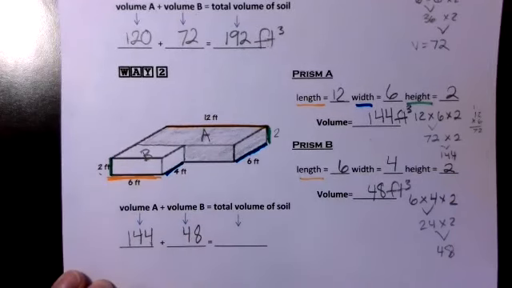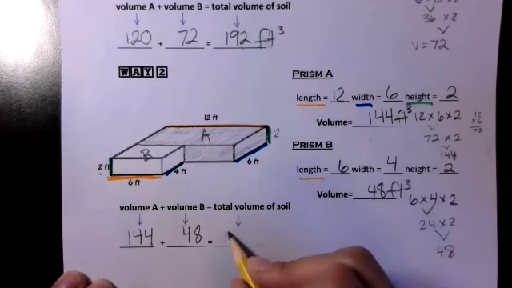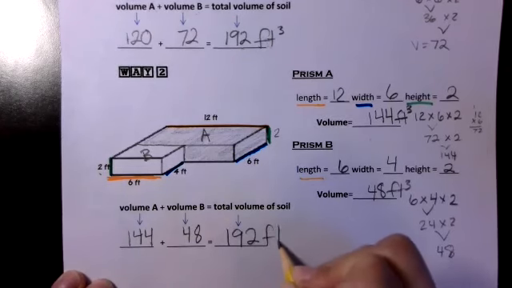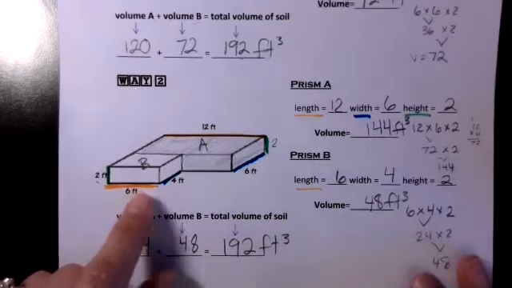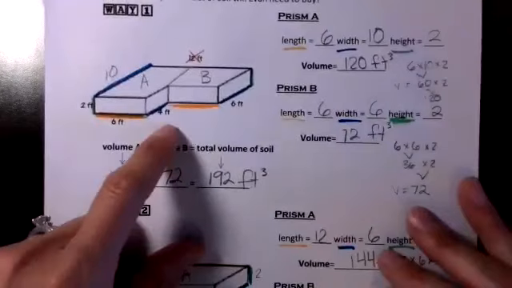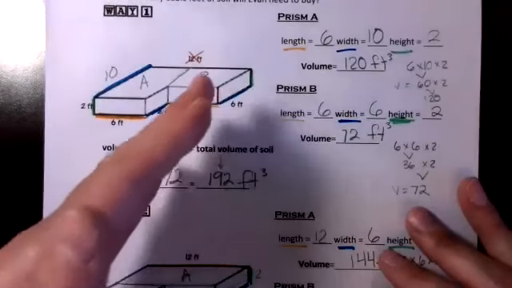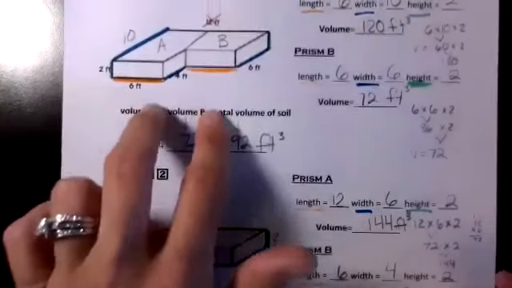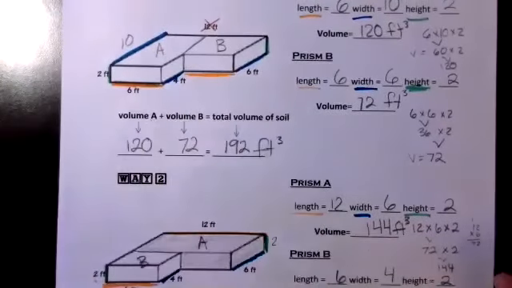Help me out. What do you get? 192. All right, 192. So we did it. We got them both. So it doesn't matter if you make a horizontal cut or more of that width type cut. You can find the volume of 2 different prisms and be able to put them together and find the volume of the whole thing.